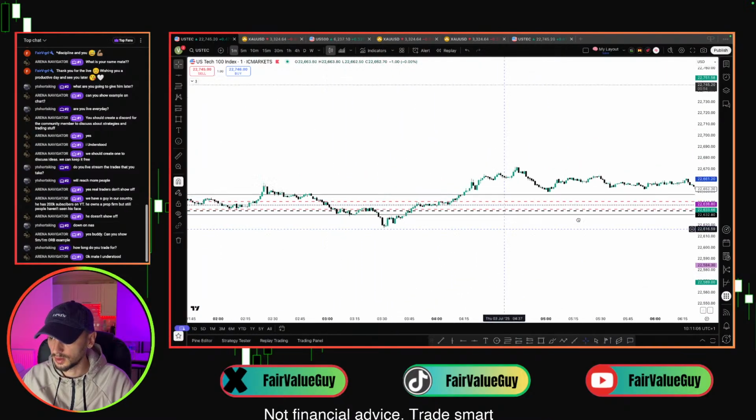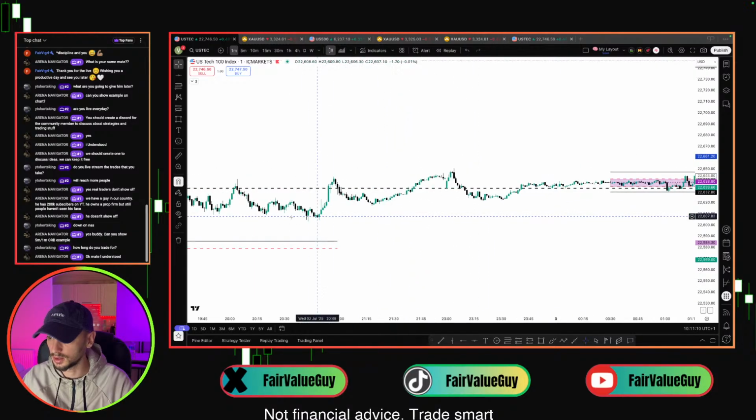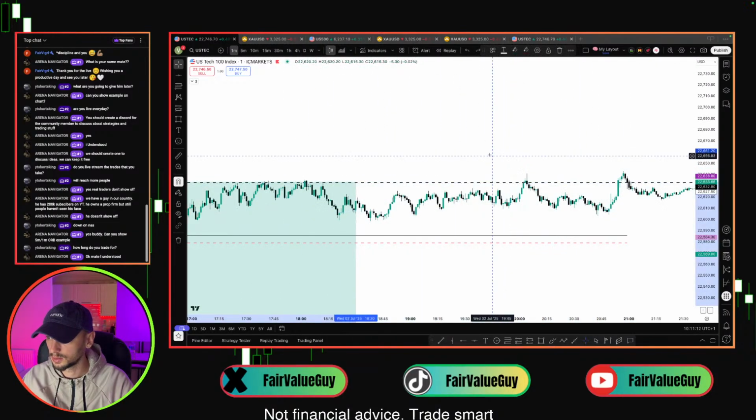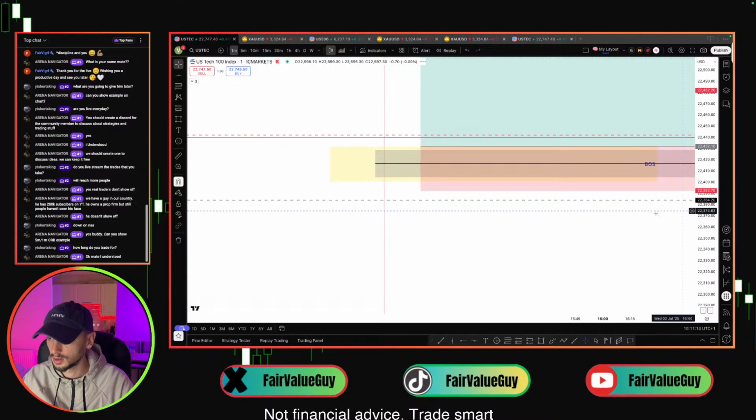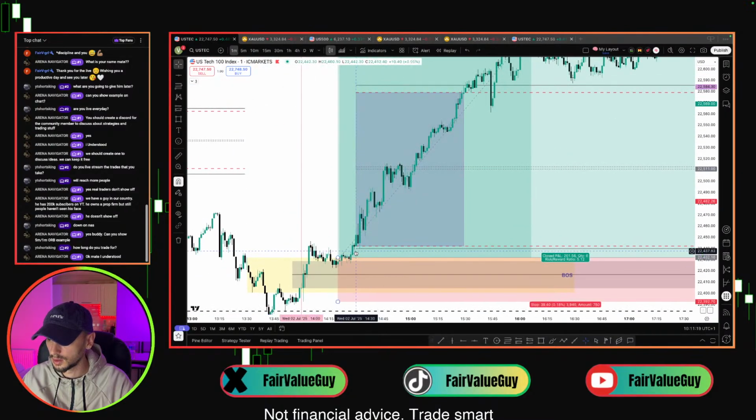Here we have the Asia. Oh, this is very choppy, you see, on the Asia. Yeah, this is another good confirmation. You see how the market moves into one direction. So if we do 1, 2, 3, 4, 5, we have 5 candles, the high and the low.